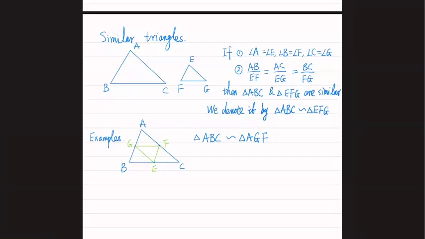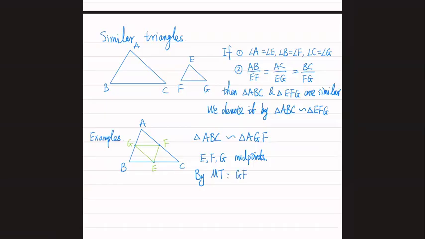So very important. So this is E, F, G midpoints. Then by the midpoint theorem, we know that GF is parallel to BC.